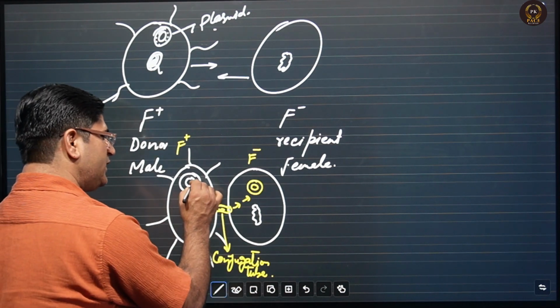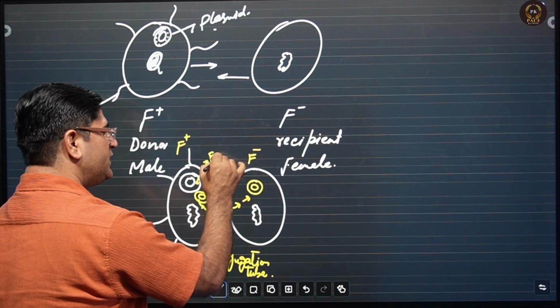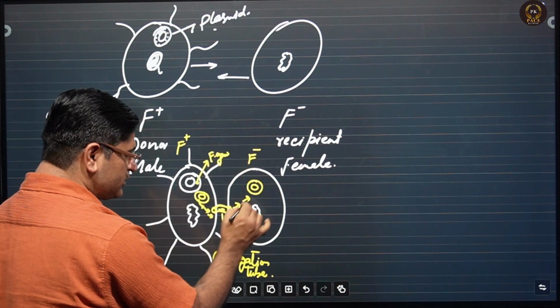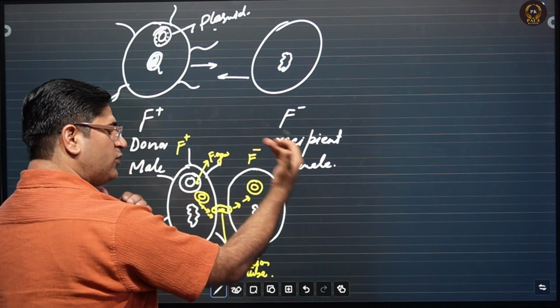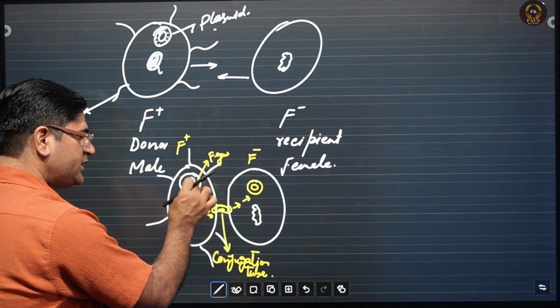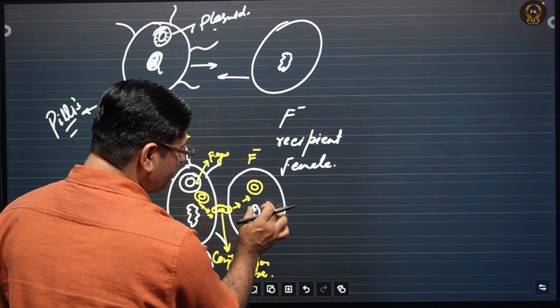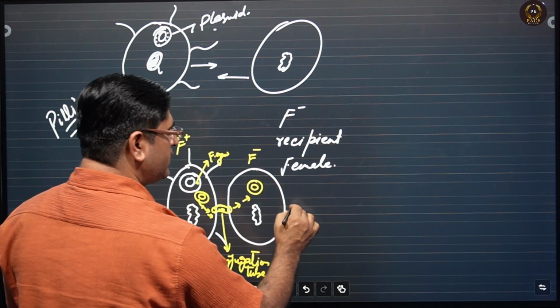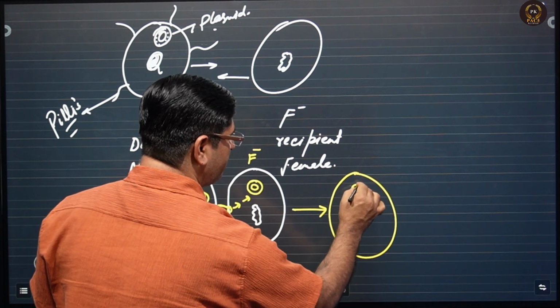With that plasmid, there was a fertility gene, the F gene. This gene also gets transferred into this bacteria. So when this plasmid gets transferred, the fertility gene gets transferred too, and the F negative bacteria gets converted into F positive.